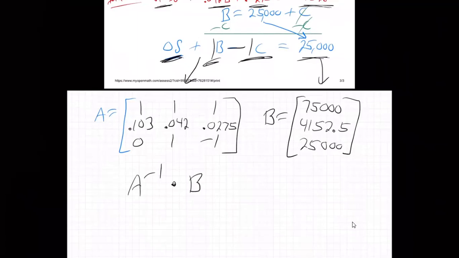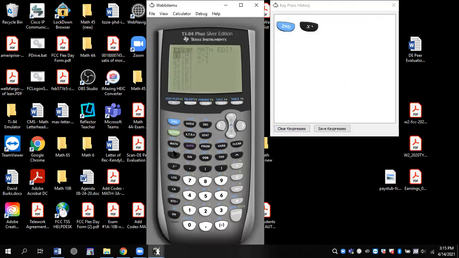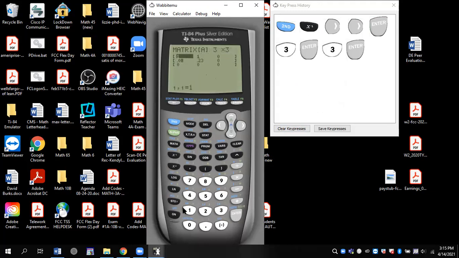So now we go to technology and we put in A inverse times B. I'm going to show it with the TI graphing calculator. First, go to second matrix, go over to edit A, enter. Matrix A is a 3 by 3. I'm going to go 1, enter, 1, enter, 1, enter.